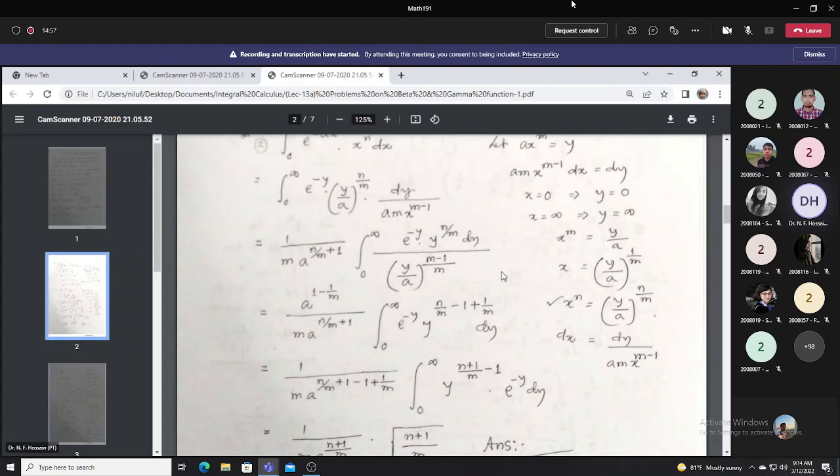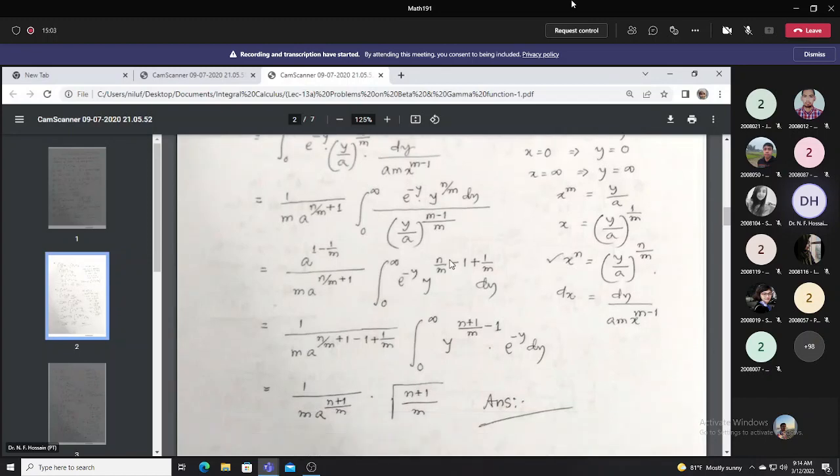And in the denominator, in place of x we have y by a whole to the power m minus 1 divided by m. Now again you see in the denominator 1 over a whole to the power m minus 1 by m. That means it is 1 minus 1 by m, and it is in the denominator. So this a goes up. It should be a to the power 1 minus 1 over m.